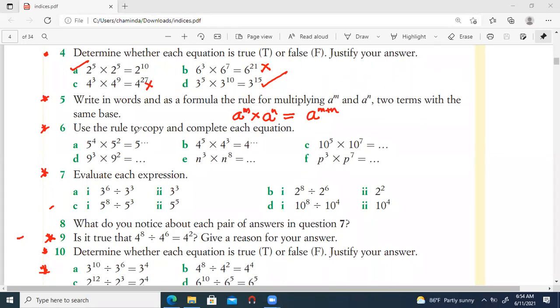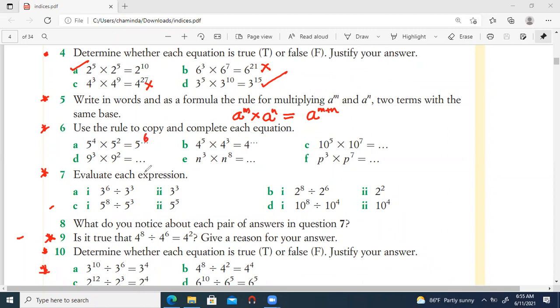Next one, use the rule to copy and complete each question. 5 to the power 4 times 5 to the power 2: in the multiplication of powers, you have to add indices. 4 plus 2 is 6.